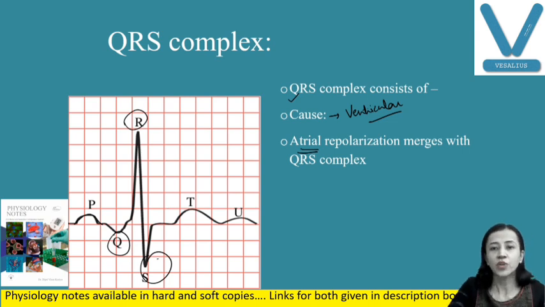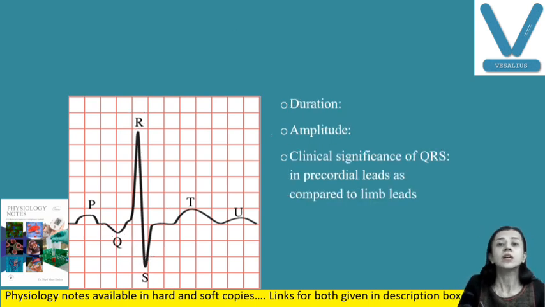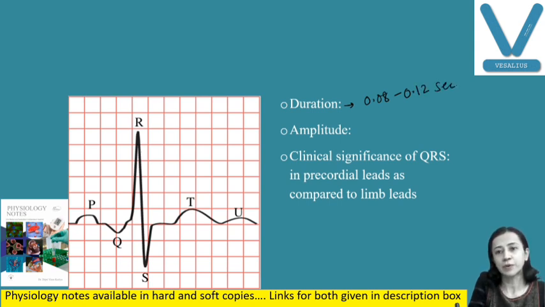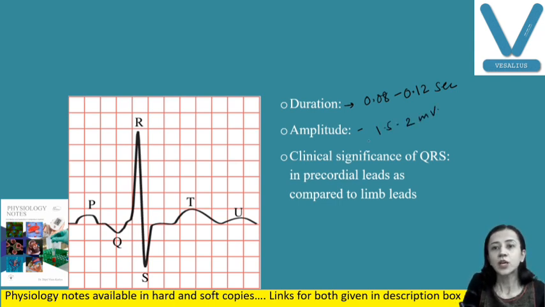Okay. Now, what is the duration of QRS complex? The duration is almost equal to P wave, 0.08 to 0.12 seconds maximum. Amplitude is 1.5 to 2 millivolt. Okay, 1.5 to 2 means, you can see here, 5 big squares is equal to 0.5 millivolt.